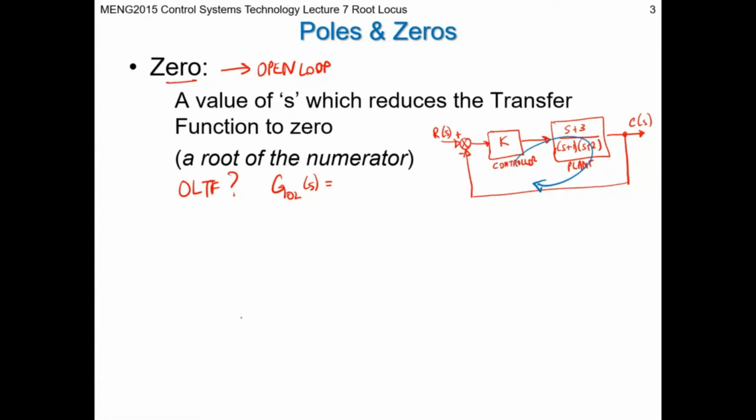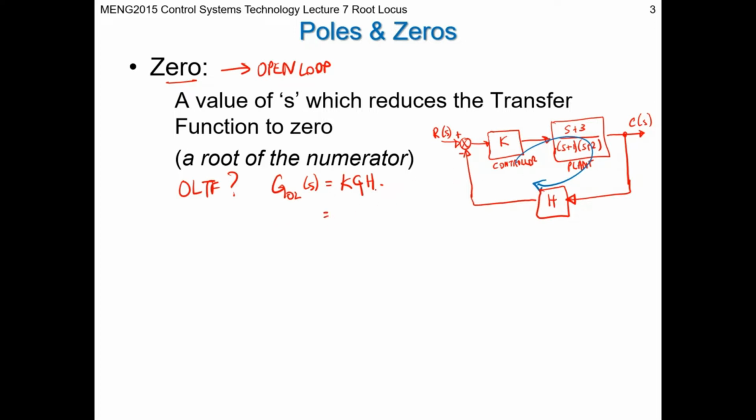Go around the loop, right? So our open loop transfer function is going to be K times our plant. In fact, if I draw on this line some feedback H, a transfer function on the feedback loop, then it would actually be K times the plant times H. If we call the plant G, then our open loop transfer function is KGH.